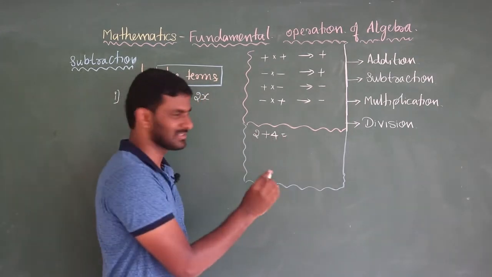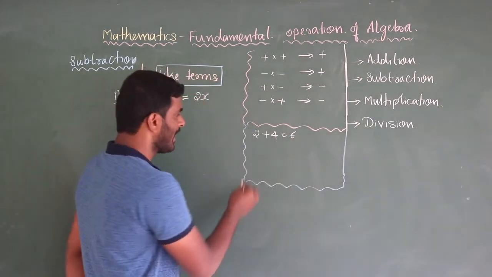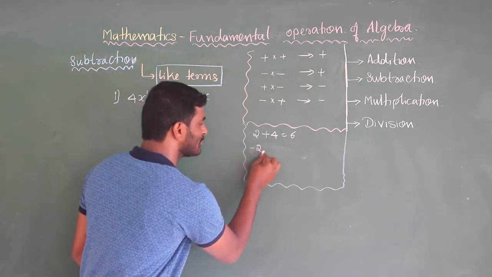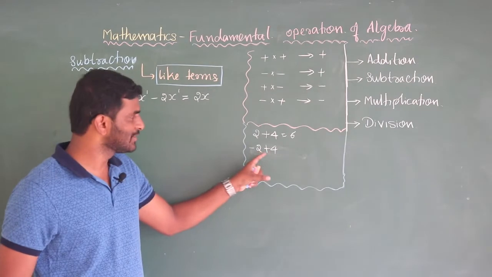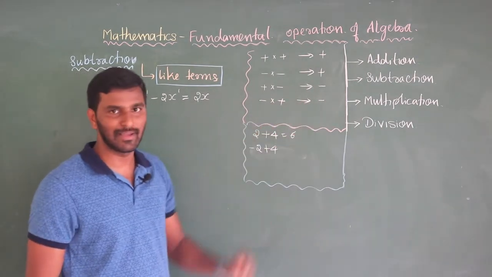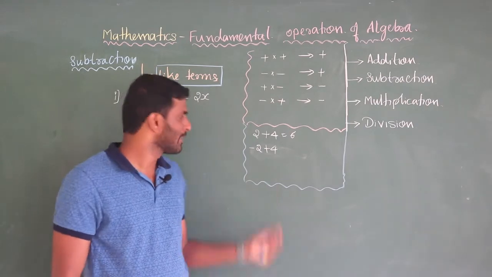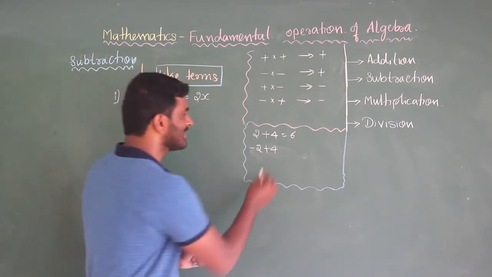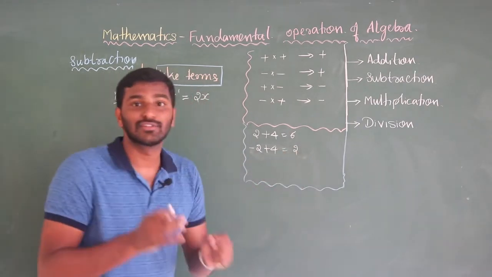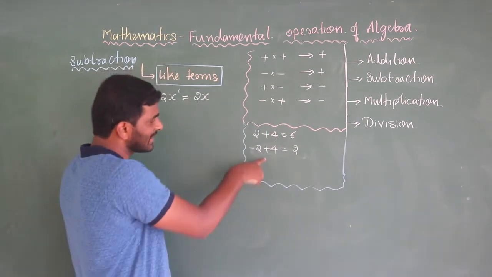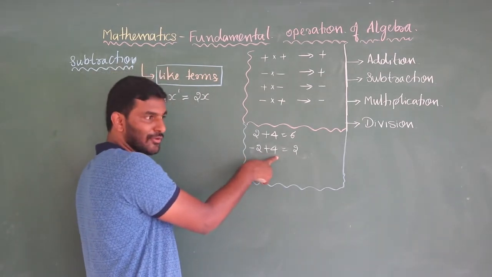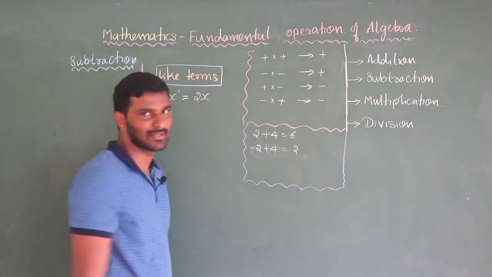Here is a plus into plus. We'll get 6. Simple. And if it is minus 2 plus 4, minus into plus is nothing but minus. Subtract the smaller number from the bigger number. 4 minus 2, that is equal to 2 itself. So we have to put a greater number symbol. Which is a greater number here? 4 is a greater number. We have plus, write the plus.